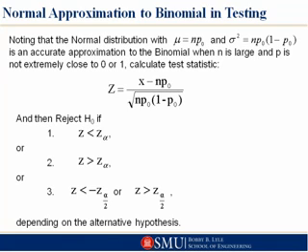Or we'll reject the null hypothesis if the calculated z-score from your test results comes out greater than z alpha. And then we'll also reject the null hypothesis if you're doing a two-sided test.